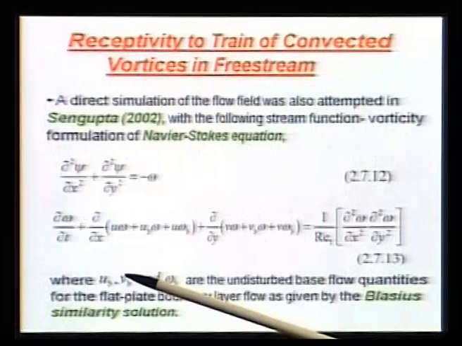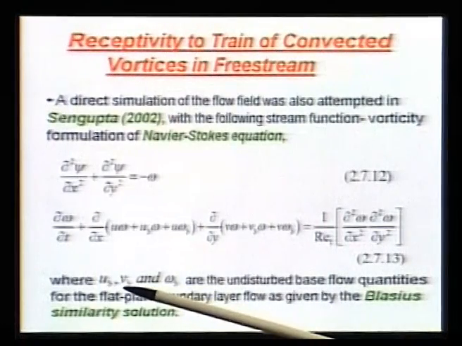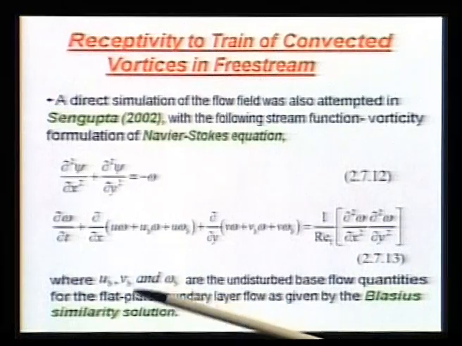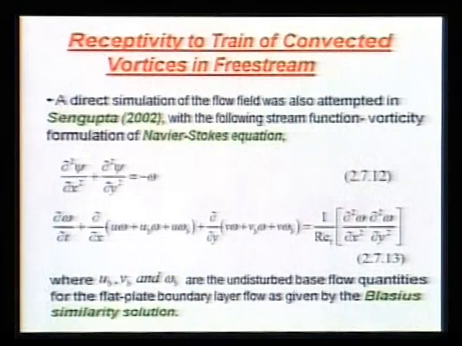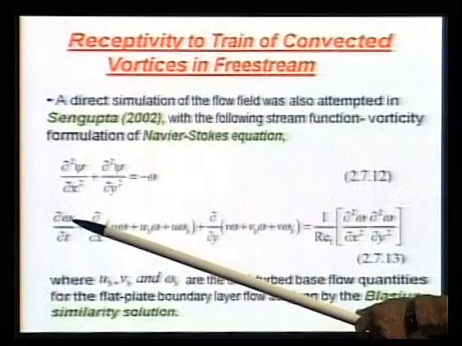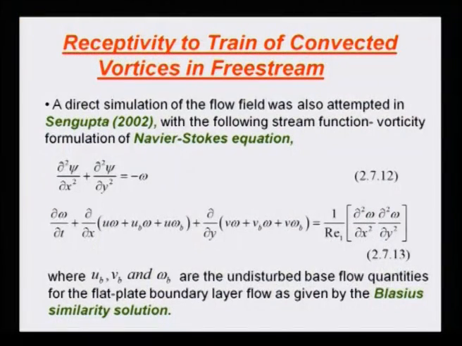So, ub is the streamwise velocity of the basic flow or the equilibrium flow. Vb is the wall normal component of the basic flow, and omega b is the equilibrium vorticity distribution. So, this omega that you are seeing here is nothing but your disturbance vorticity without any subscript, and this psi is also without any subscript. So, that is also your disturbance stream function.